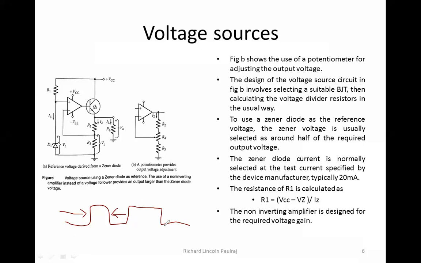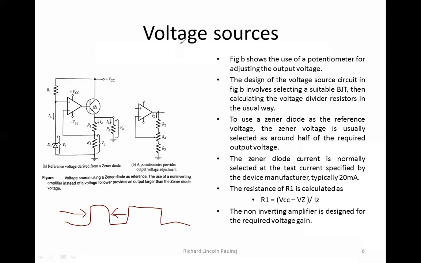Because of this variable width in the pulse, the voltage also changes. So in order to have a constant width of the pulse, I need a constant voltage source. In that case, you can utilize these kinds of circuits, which will enable us to have a constant voltage source.